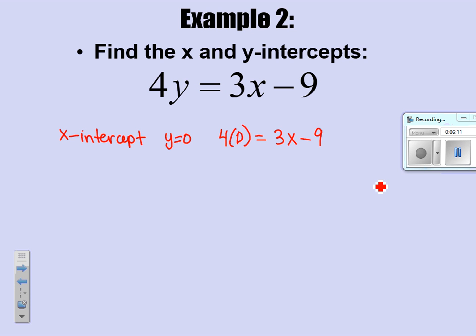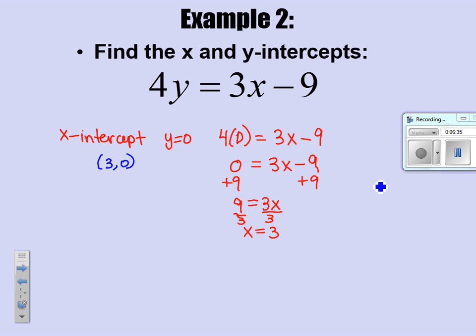So 4 times 0 is 0. Here I do need to write the 0 down because it's on the left side of the equal sign. Add 9 to both sides. 9 equals 3x. Divide by 3. x equals 3. So our x-intercept is (3, 0).